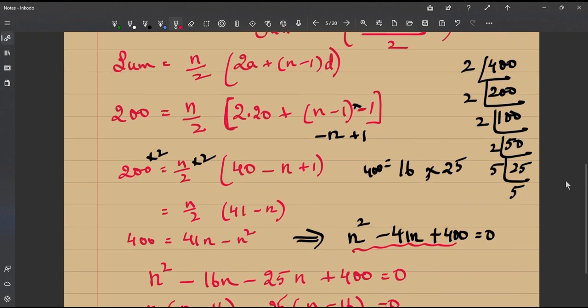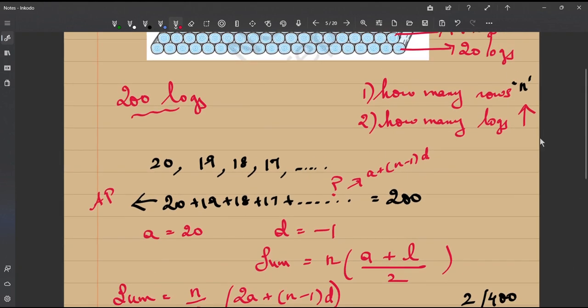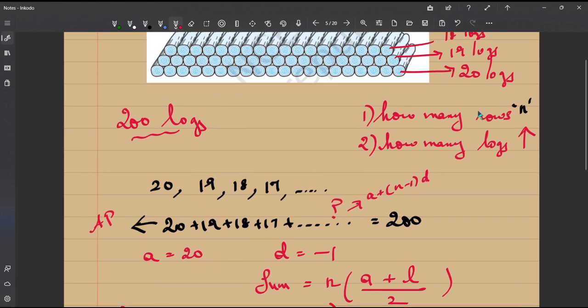Now let's have a look at what n is, to determine which one of the numbers satisfies n. How many rows? n. And there are 20 logs in the last row. So it becomes 19, 18, 17, 16. So the first row, even if there was a first row, that is if we had 200 logs, the first row will only contain one log, isn't it?